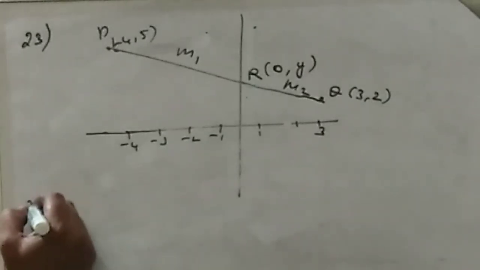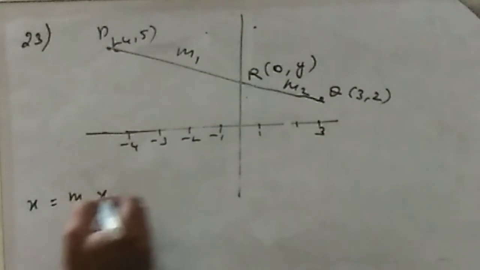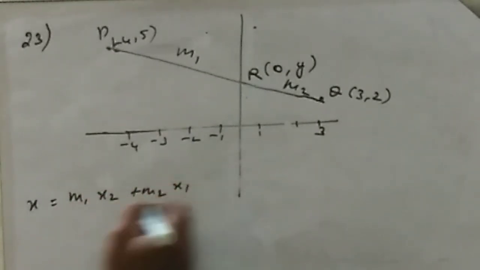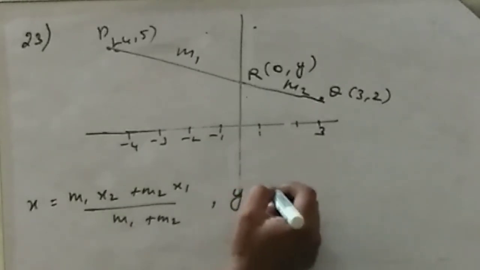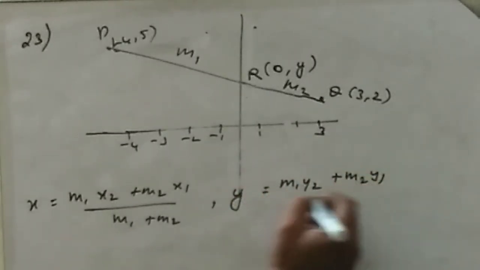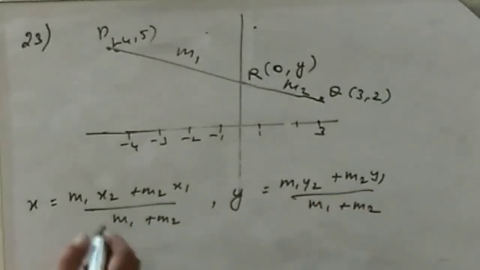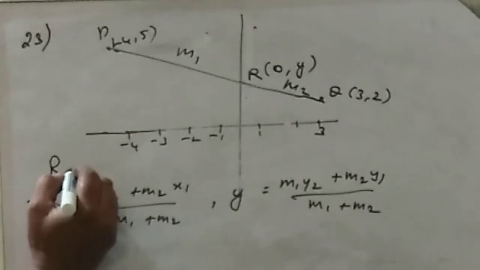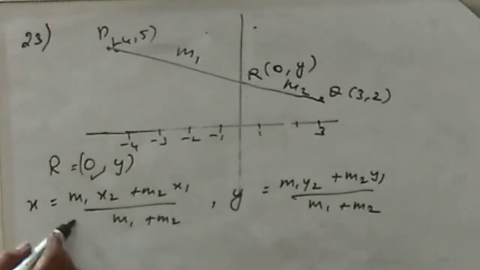Right? X is equal to (M1 X2 plus M2 X1) upon (M1 plus M2), and Y is equal to (M1 Y2 plus M2 Y1) upon (M1 plus M2). Now take R (0, y). So which is 0? X.